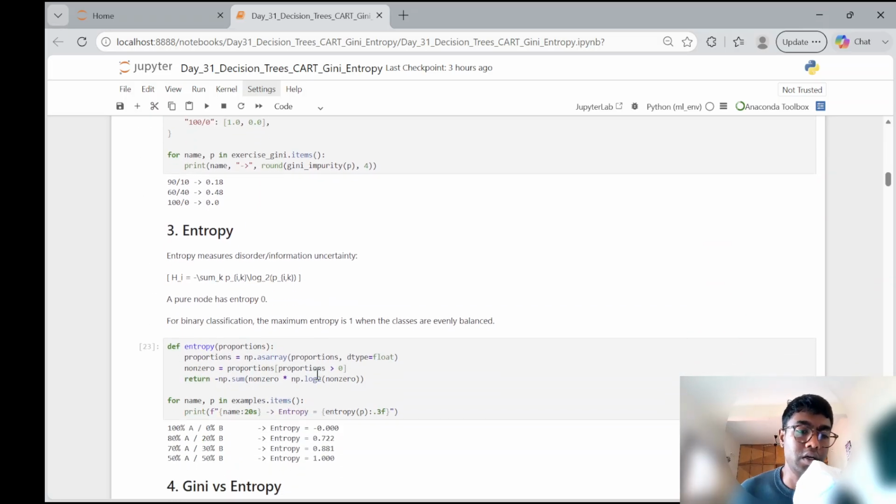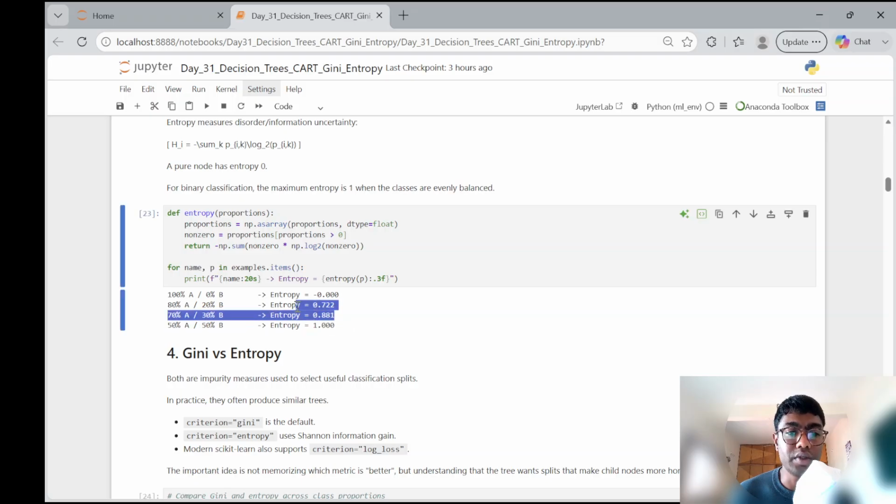Entropy, on the other hand, is a word which is also used in chemical thermodynamics, which indicates the molecules that are not useful or disoriented to transfer heat. Similarly, here in entropy, there are impurities in a specific node, right? It gives the same meaning.